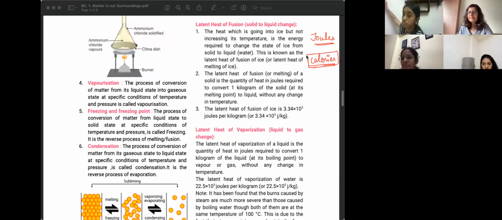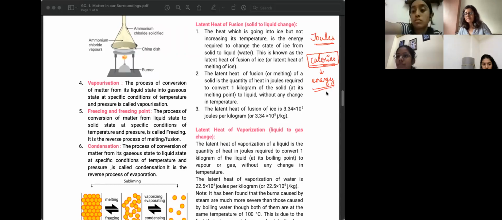But calories is also, it's a unit of energy. So when we say कि इस खाने से इतने calories मिलते हैं, what people are talking about is when we eat that food, how much energy are we getting out of it? So you eat food to get energy, right?